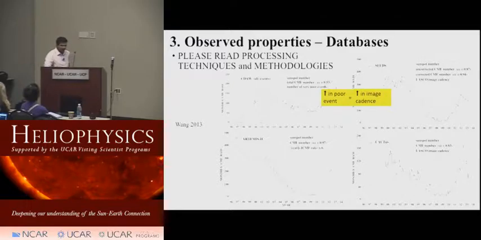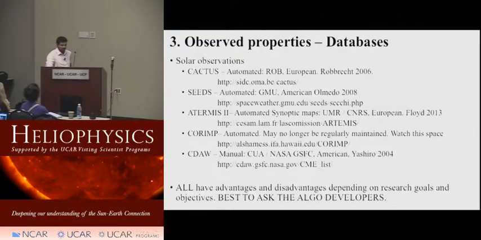But if you're using a lot of these data sets, I should point out some of these are automated, some are semi-automated, and some are model. There's a semi-automated one coming out from Johns Hopkins, being led by Angelos Vourlidas, which is a mix between automating certain characteristics, manually selecting the initial characteristics and letting algorithms calculate the rest.